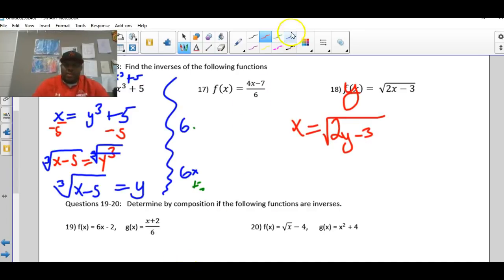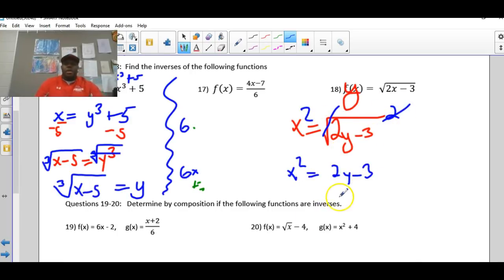Now, I think the obvious thing here is to get rid of the radical first. Since this is a square root, we're going to square both sides. So I have x squared equals 2y minus 3, because, guys, see the square root and the square? Those negate each other. They cancel out. Now, we're going to add 3 on both sides.